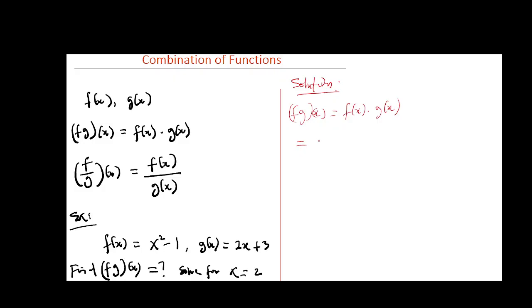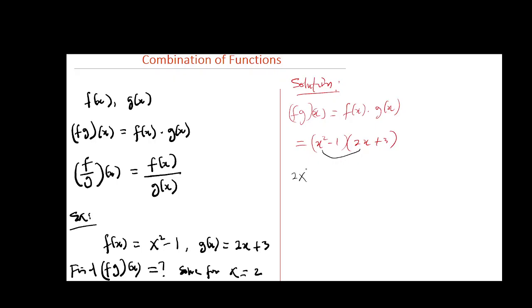So we are going to have x squared minus 1 multiply g of x, which is 2x plus 3. Okay, now we can expand, right? If we expand, we are going to distribute.